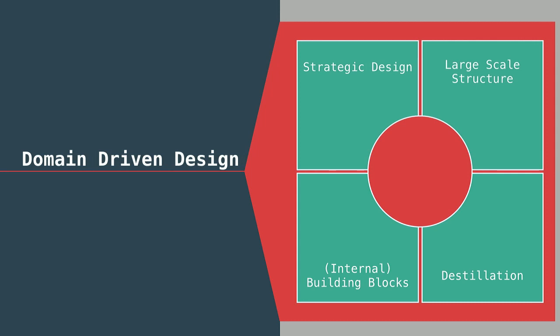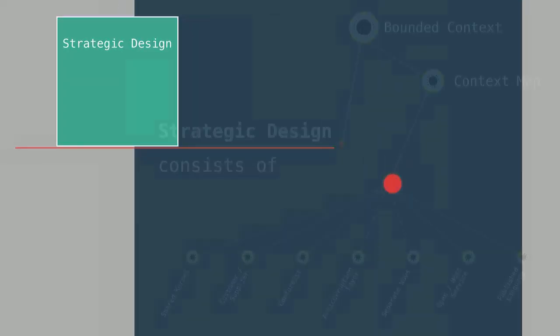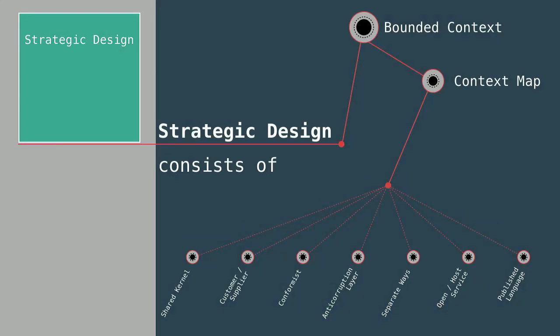And this is exactly where, especially the context mapping part of strategic design really helps us. And strategic design consists of, I would say, two major things. The main driver is the bounded context. And this is, I would say, the central part to strategic design. But there is also the context map, which is a means to describe and to sketch out an application landscape.